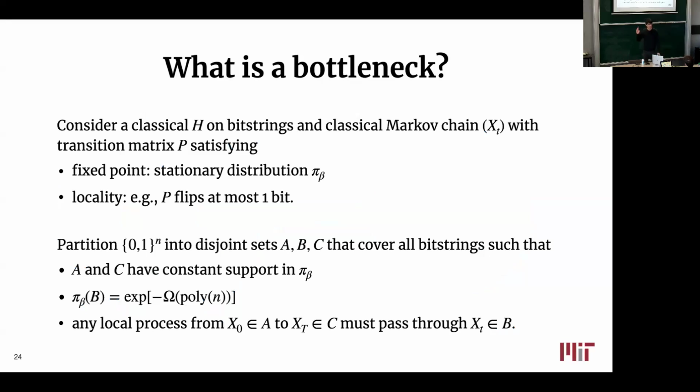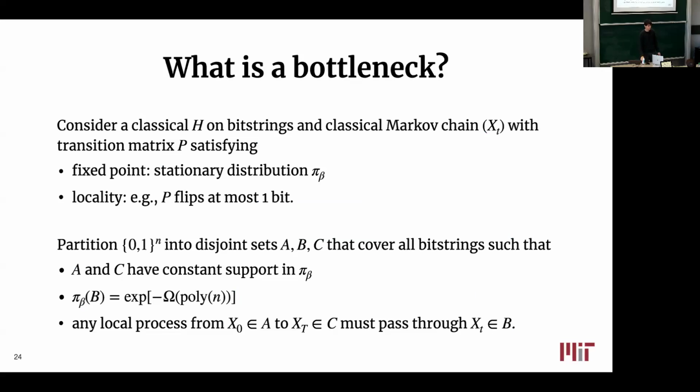So okay, I'm just going to write what I said in words there in case you want to read it. We've divided our bit strings into A, B, and C. B is exponentially suppressed or super-polynomially suppressed, and anything in A, to get to C, needs to go through B. So what is the assumption? So far, you're assuming there exists a partition into A, B, C with these properties.